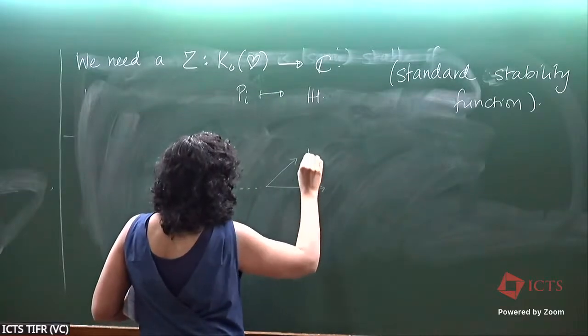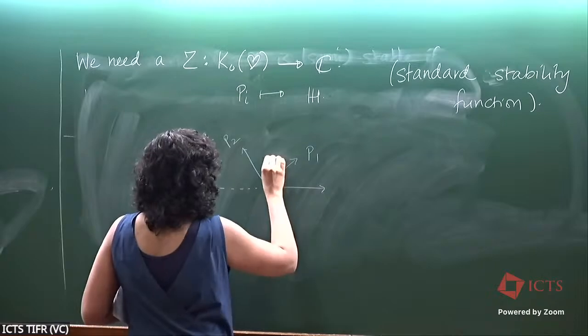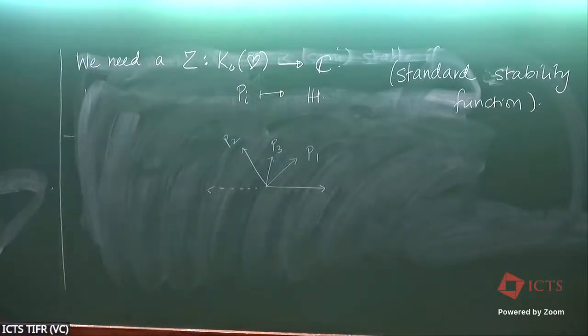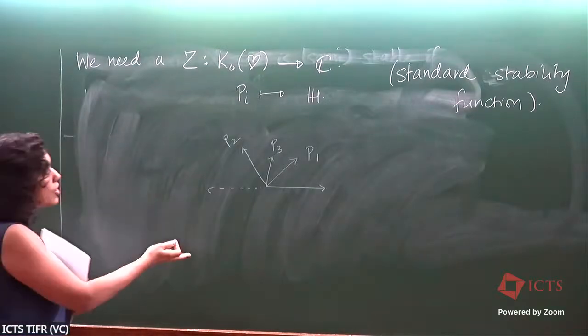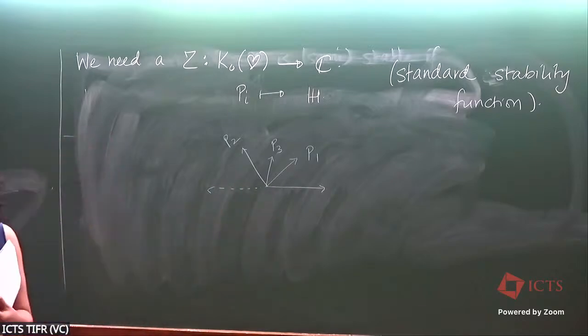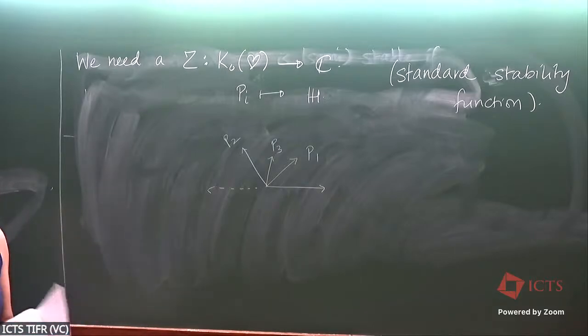So we can do whatever we want. Something like this. Okay, so that's an example of a central charge function or stability function. And once you specify this, you've specified a Bridgeland stability condition with this heart, and then you can compute Harder-Narasimhan filtrations, etc.